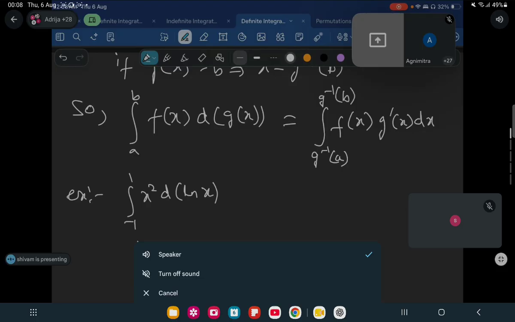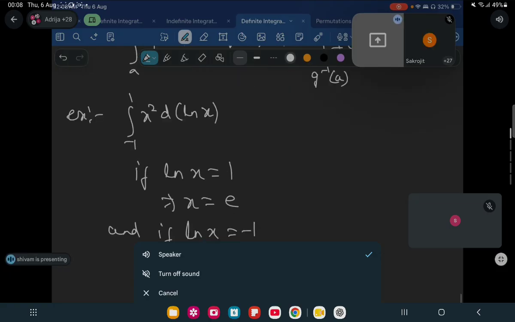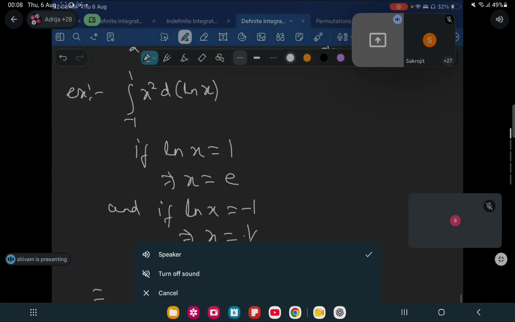X is equal to e. And if ln x is equal to -1, what is the value of x? 1 by e. So the whole integral will become integral from 1 by e to e, x square into 1 by x dx, which becomes integral from 1 by e to e of x dx.